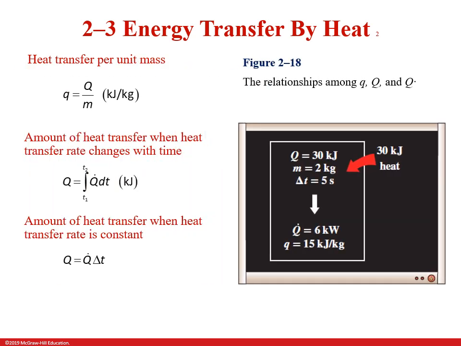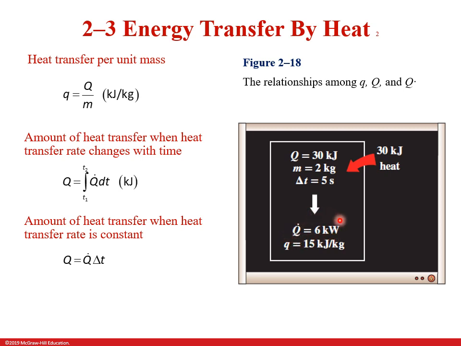And here's a relationship between little q, big Q, and Q dot, which I don't know what happened to the dot on this slide. But for example, here you have 30 kilojoules of heat crossing the boundary, right? So 30 kilojoules crosses the boundary in 5 seconds, and you have a certain mass of 2 kilograms. That gives us a Q dot, a rate of heat transfer, of 6 kilowatts, right?